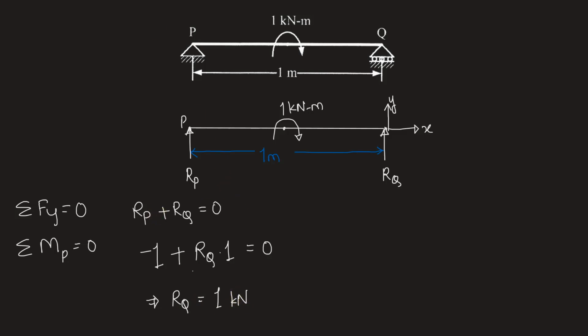While using the first equilibrium equation, we also have Rp is equal to minus Rq, so Rp is minus 1 kilonewton. That means the sign that we assumed for Rp is wrong. Rp is actually downward, while Rq is correct, it is upward 1 kilonewton. So the answer is Rp is 1 kilonewton downward while Rq is 1 kilonewton upward.